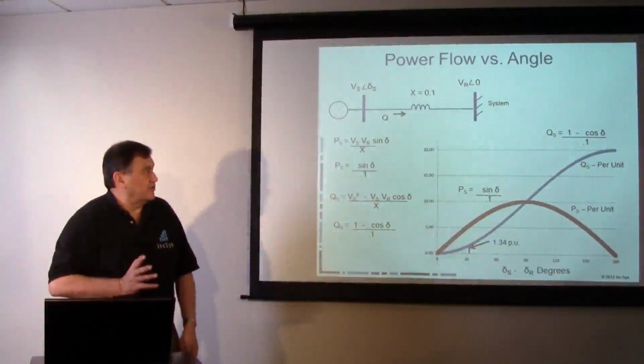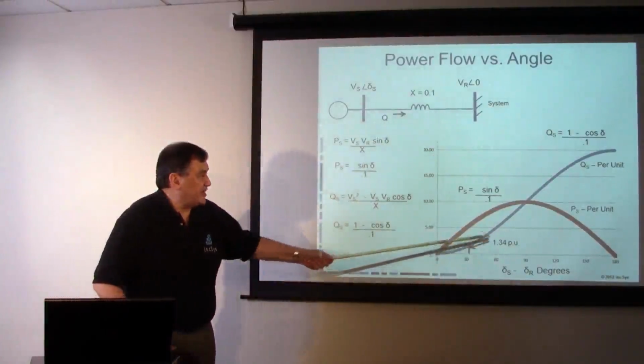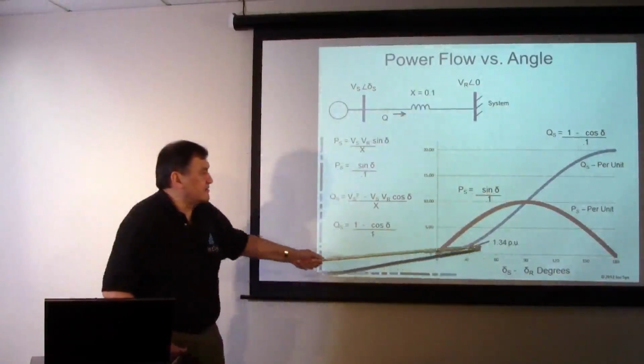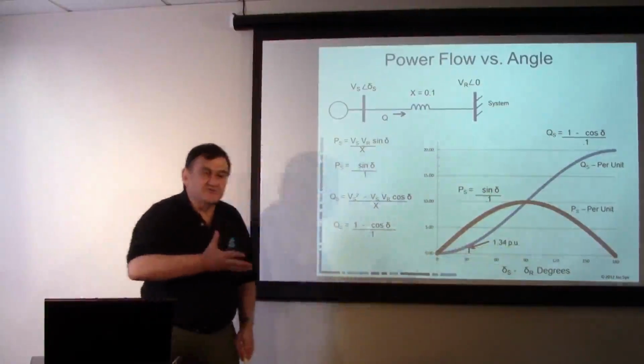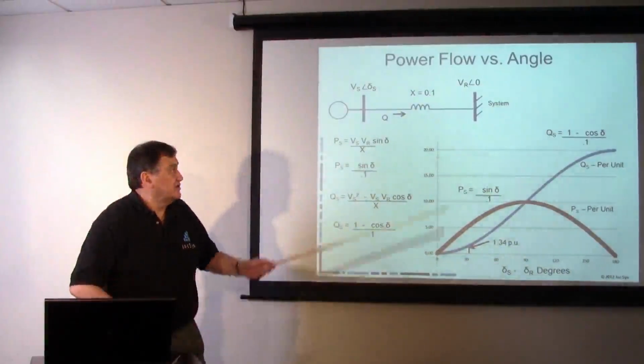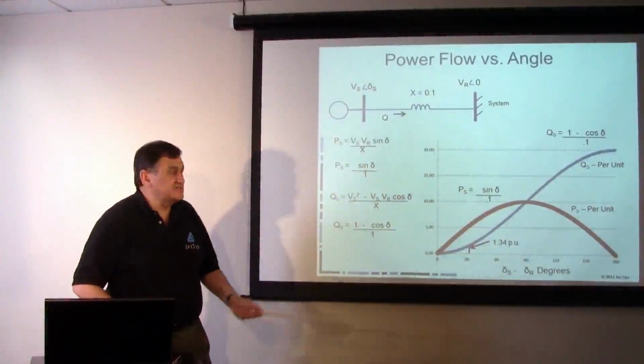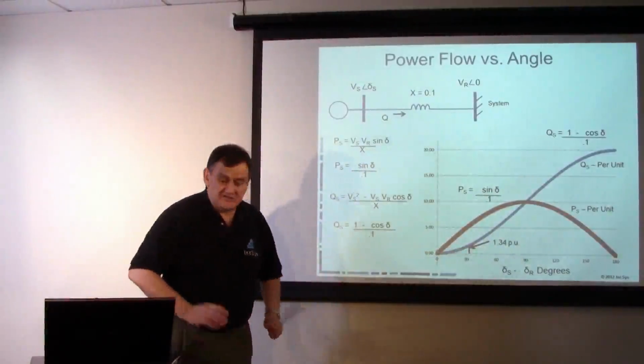But when we look at the reactive power and the angle, if we were to go through the corresponding equations for the sending end, we would see that the reactive power is actually flowing into the line from both ends as we separate the angle. That's a really good point, is that line becomes a huge consumer of VARs.